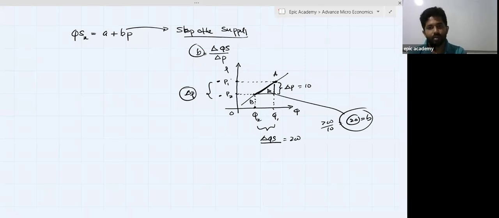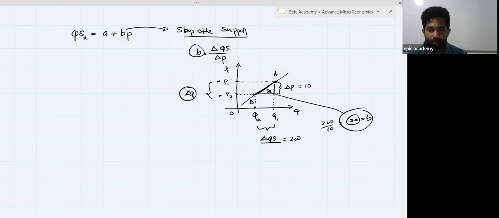This B value represents the slope of the curve, and it also affects how we determine supply elasticity. Elasticity also depends on that value.